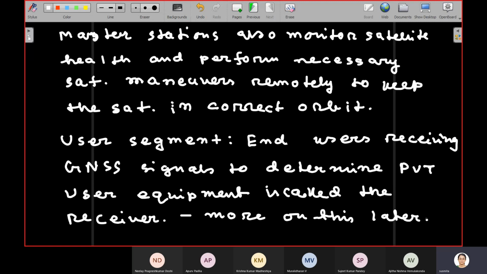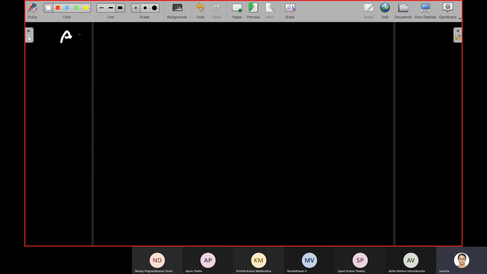Now, before getting into the space segment, let's talk about the applications of GNSS. We use GPS or GNSS services in our day-to-day life without even realizing that.